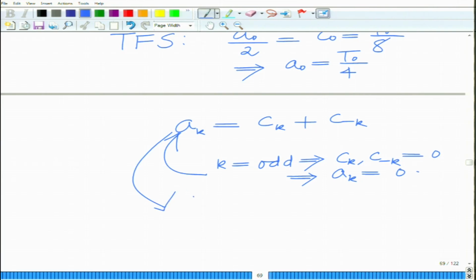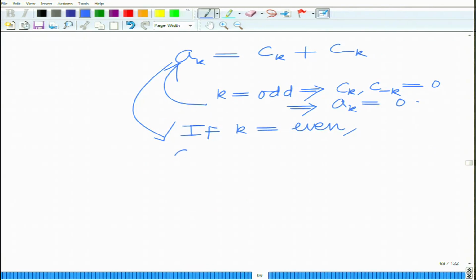Now, if k is even, what will happen is we have A k equals, or I am sorry, if k is even, C k and C minus k are 0.